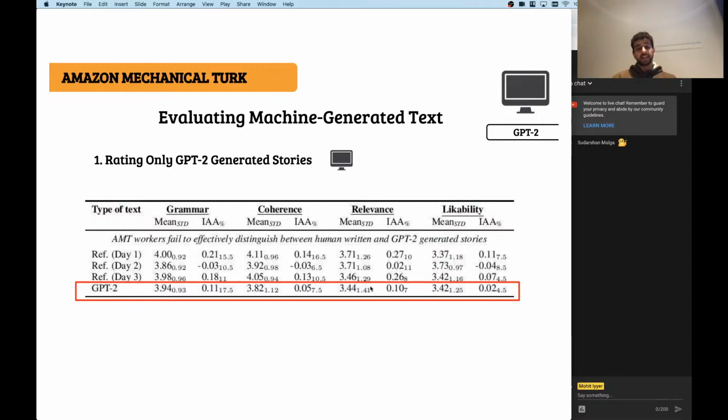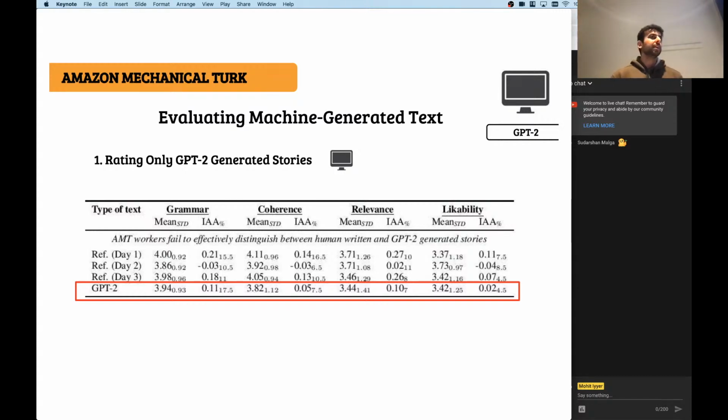Relevance, again, it's a little lower, but hard to tell. And likability, it's roughly the same. So overall, in this rating scheme from 1 to 5, these Amazon Mechanical Turk workers were not able to distinguish the GPT-2 stories from human-written stories. So from this table, we could conclude that GPT-2 is writing human-quality stories.